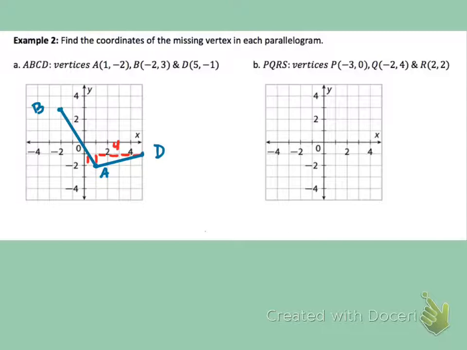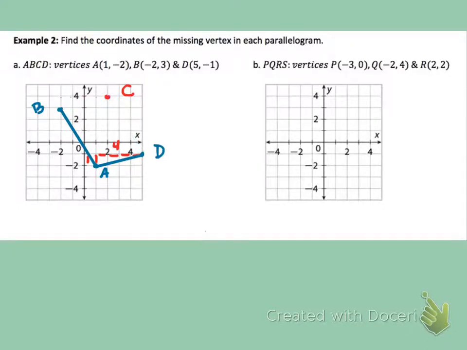So if you do that same thing, you can figure out, in fact, where that other point is. Just think about if you did the exact same thing that we just did with A. So let's see if that would work. If we went up 1 and right 4, we'd be here, okay, right? So up 1 and right 4, that would put C right here. Let me just kind of scope out and see what that would look like. Now, does that look like a parallelogram? Sure does, right?